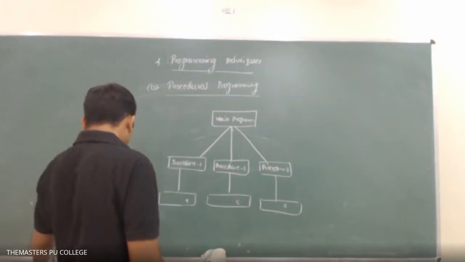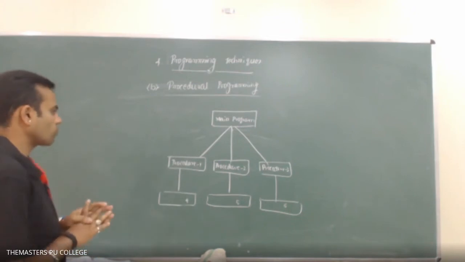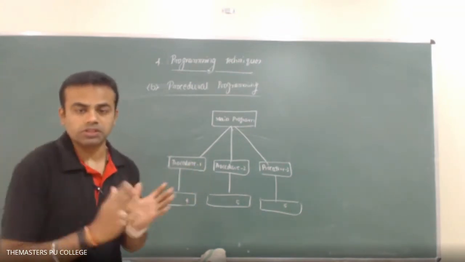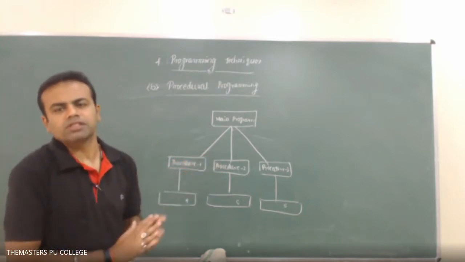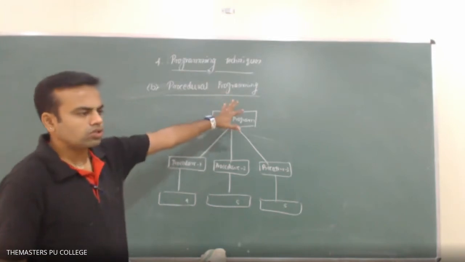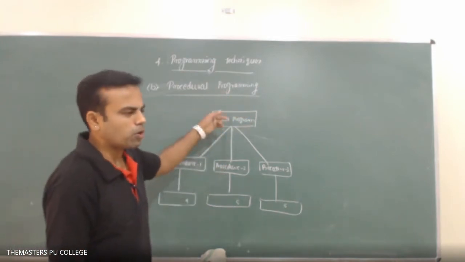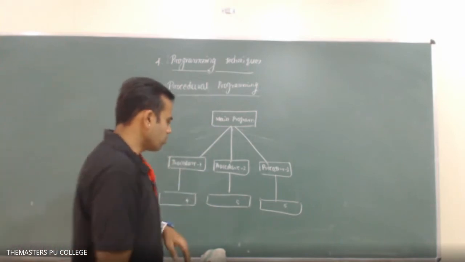So you can write any number of procedures: procedure 1, 2, 3, n number of procedures, and total control. Whatever procedure you write, it should go back to the main program. It is a procedural oriented programming technique.